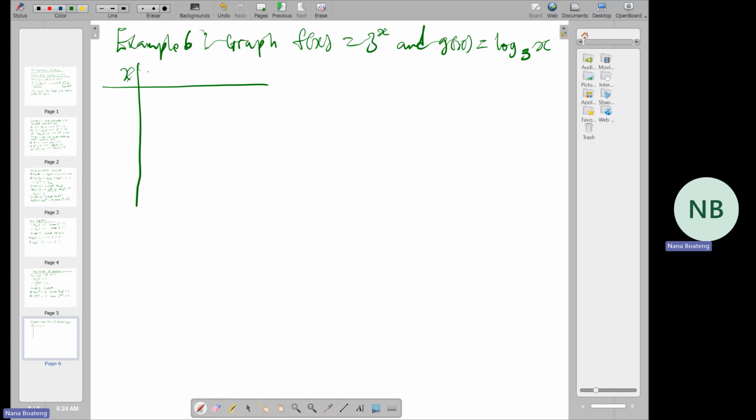So f of x is equal to 3 power x. When x is minus 2, f of minus 2 is equal to 3 power negative 2, which is the same as 1/9. When x is equal to -1, f of -1 is equal to 3 power -1, which is the same thing as 1/3.